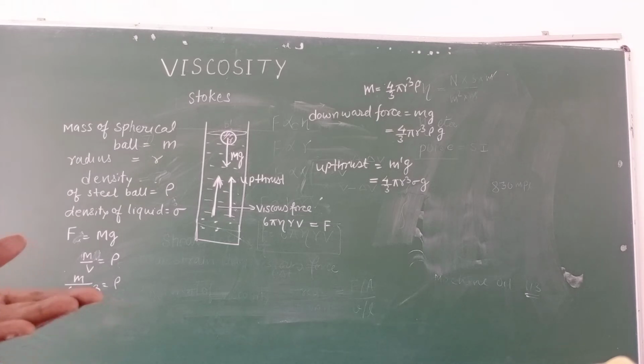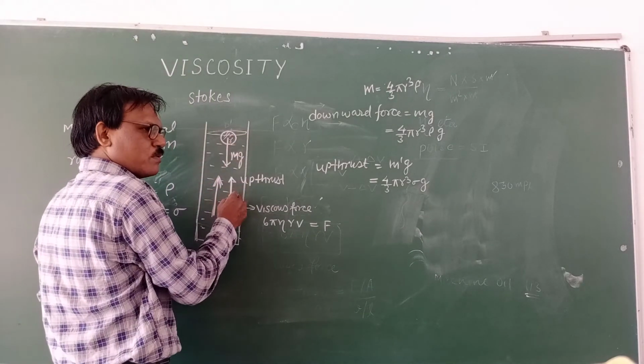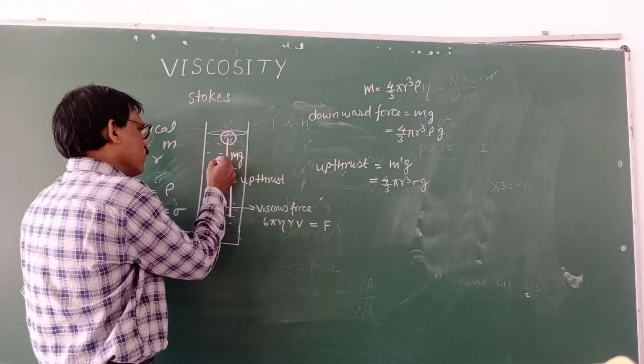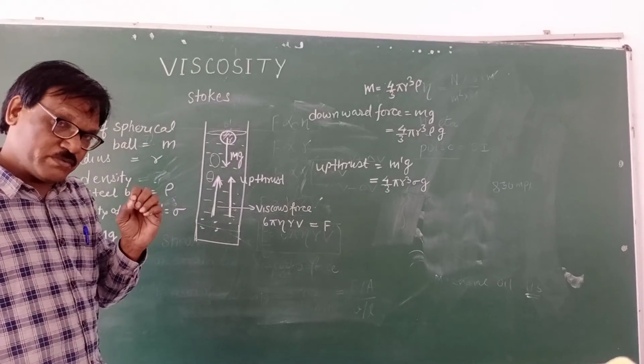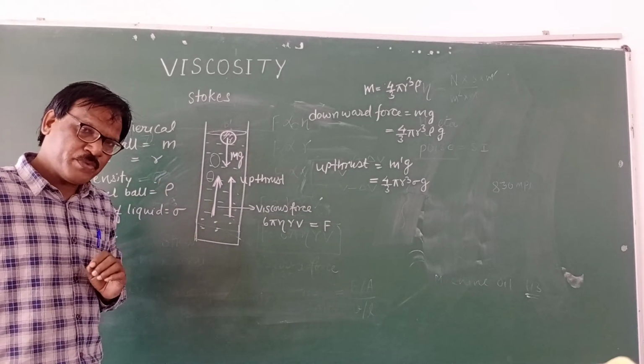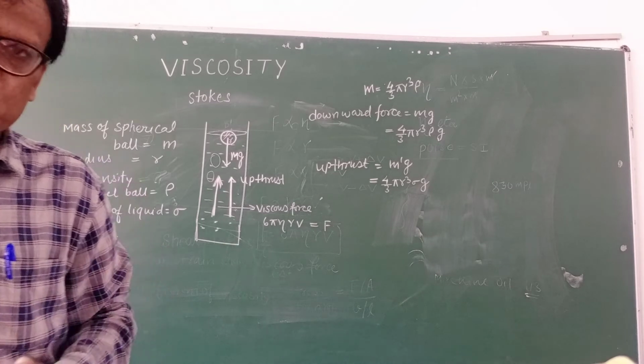So in this case, initially the mg is more. When the ball is here, the mg is more, and gradually as the steel ball moves down, the viscous force and the force of upthrust both increase.